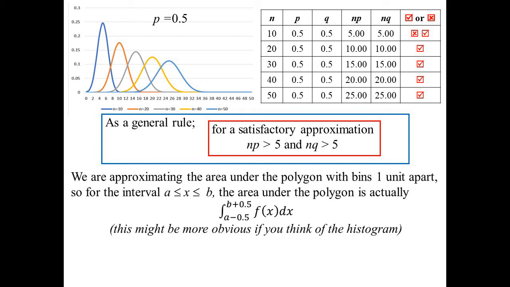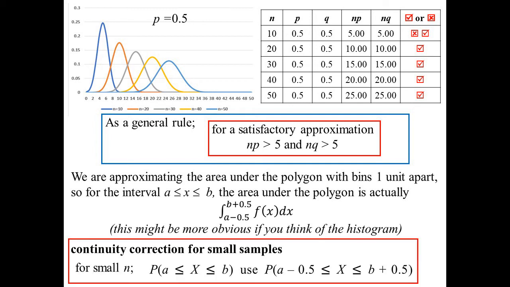And so sometimes you hear people talk about this continuity correction, and that's for small amounts. So instead of finding between a and b, they'll find between a minus 0.5 and b plus 0.5. But as I say, it's for small samples because it tails off very, very quickly. Once you've got large numbers, at those extremities, it doesn't really matter. 0.5 is going to be insignificant.